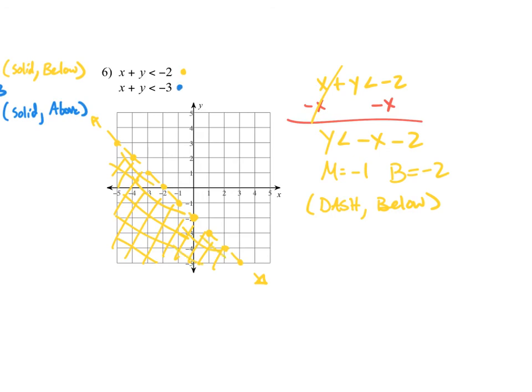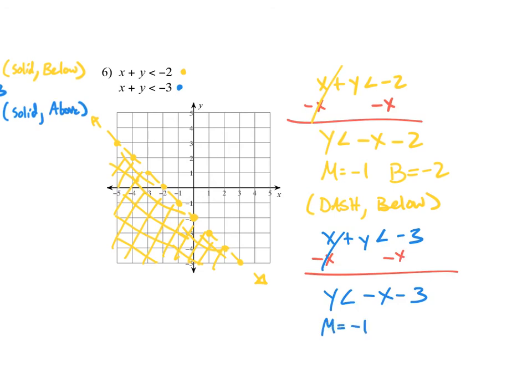Then you've got to work your blue line. So you've got x plus y is less than -3. You subtract your x's. Y is less than -x minus 3. So now you're down here where m is -1, b is -3. So you go and do this. The lines are again the exact same slope. Okay?